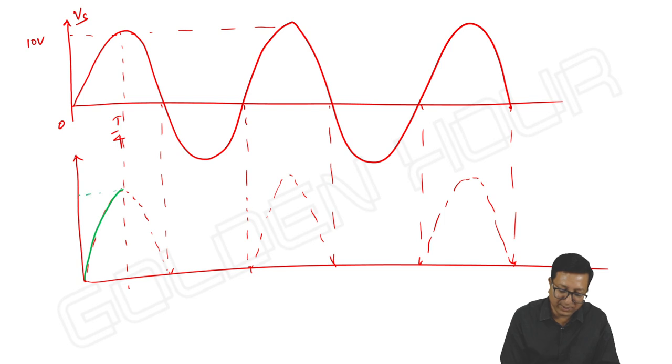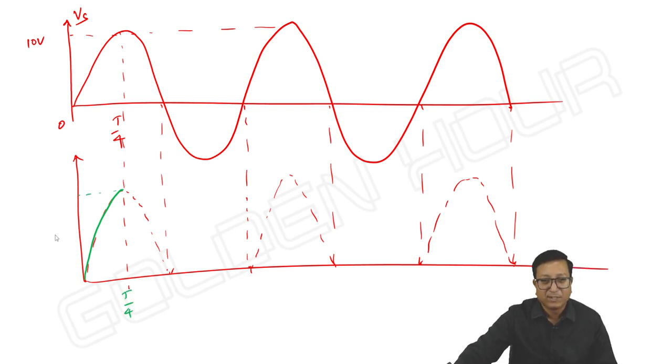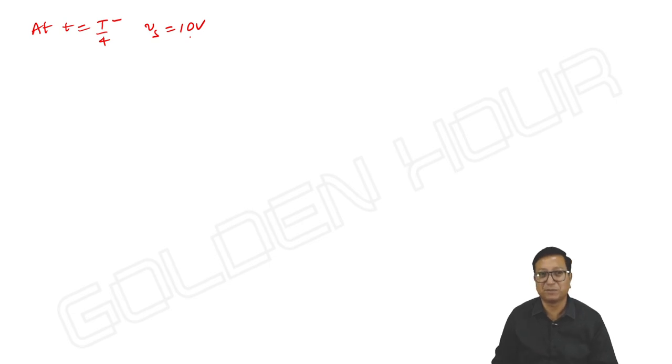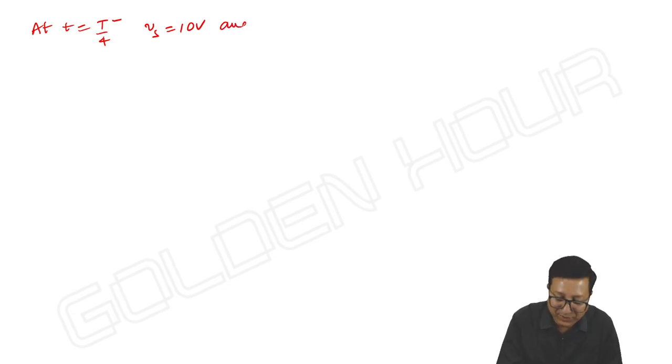Okay, and at the same time, here at t by 4, I am repeating the same story. At t equal to t by 4, Vs is equal to 10 volts, it is at its peak amplitude, and V capacitor is equal to 9.9 due to small delay.